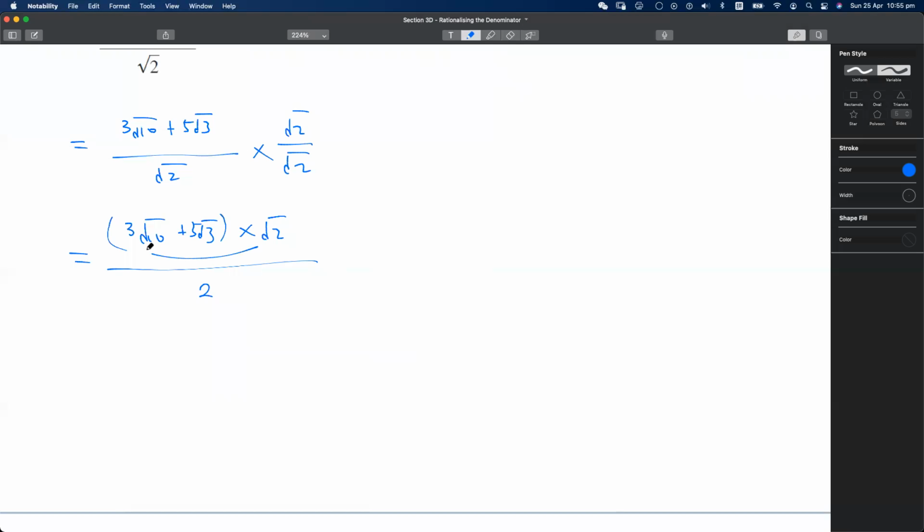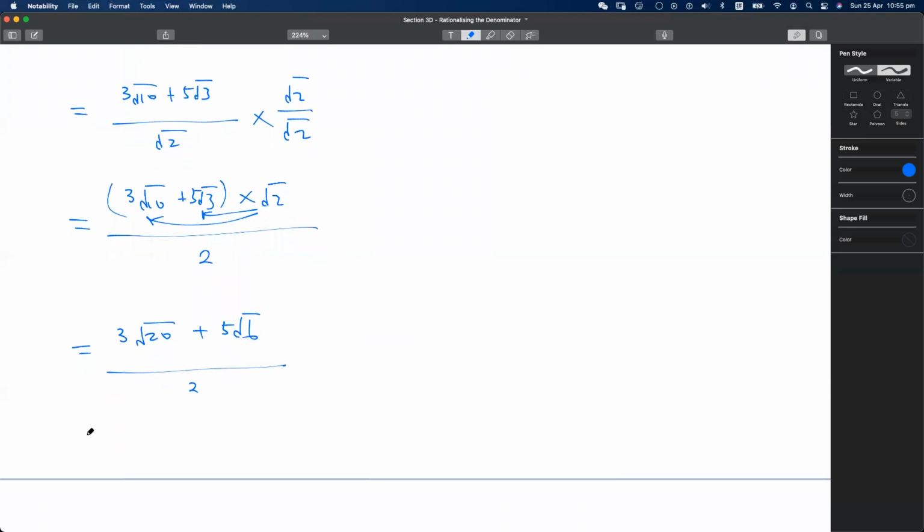The distributive property gives us 3 times root 10 times root 2, which is root 20, plus 5 root 6 over 2. And here, it's not done, because root 20, from number sense, times table, 4 times 5 is equal to 20. So it's 3 times root 4 times 5 plus 5 root 6 over 2.